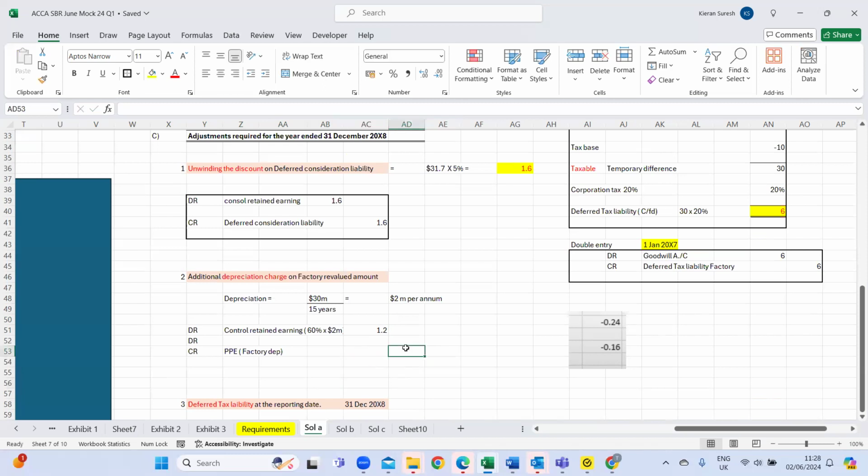The parent is going to suffer 1.2 million. At the same time, NCI also needs to suffer some of this. So NCI needs to suffer the depreciation as well.